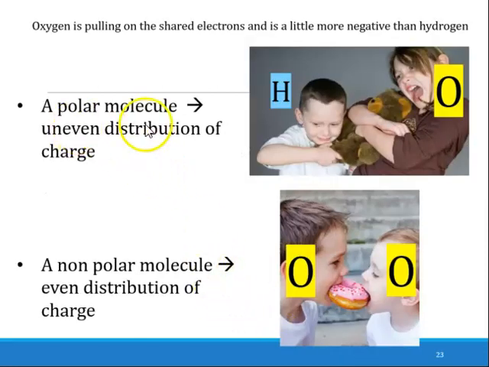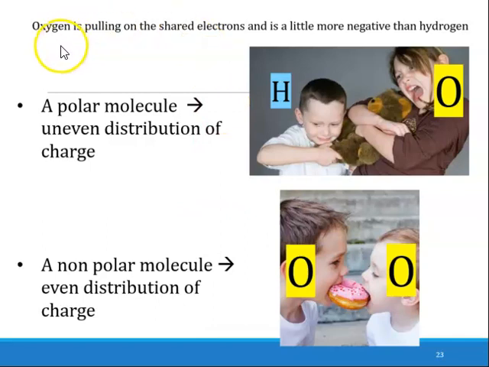So in a polar molecule, we have an uneven distribution of charge, whereas in a nonpolar molecule, there will be an equal distribution of charge, an equal sharing of charges. That is the difference between polar and nonpolar covalent bonds.